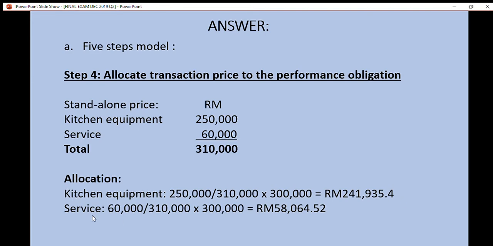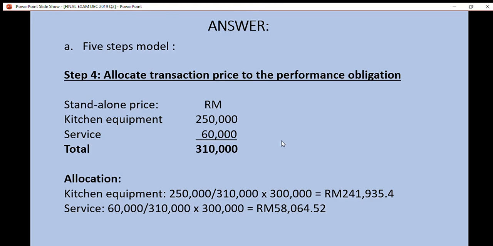For the service, we take the standalone price of 60,000 divided by the total standalone price, times the transaction price of 300,000. So we get this amount, which is the revenue allocated for the service. But you have to bear in mind that this revenue allocated to the service is for the period of 1 year.